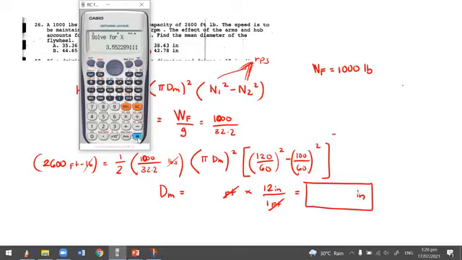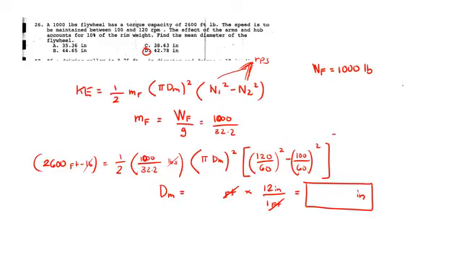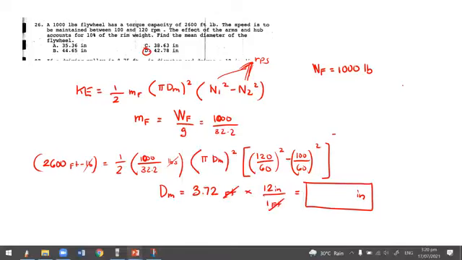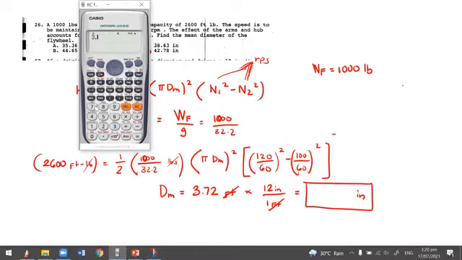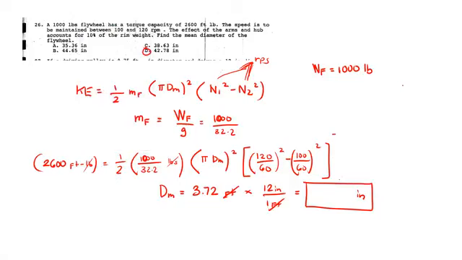Shift solve, we get 3.72. So 3.72 times 12 is 44.64, so 44.64 inches. That is the answer, letter B. So letter D was wrong.